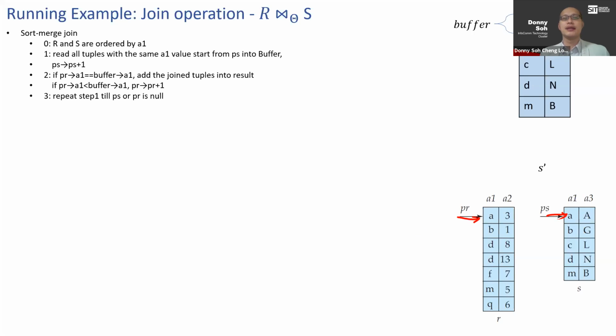As and when we can, we read the smaller one, put it into the buffer, and increment the buffer along the way.